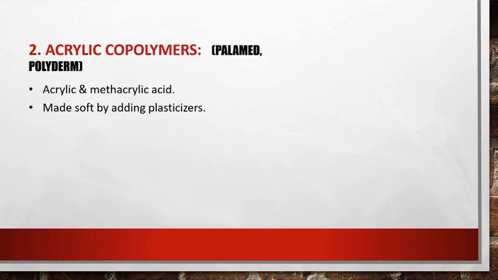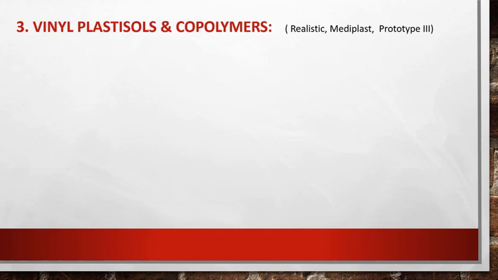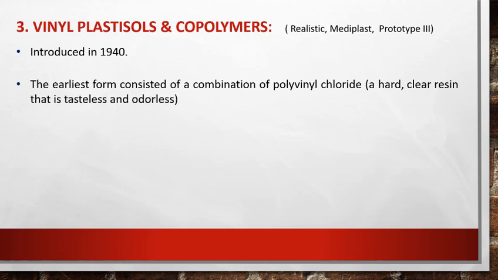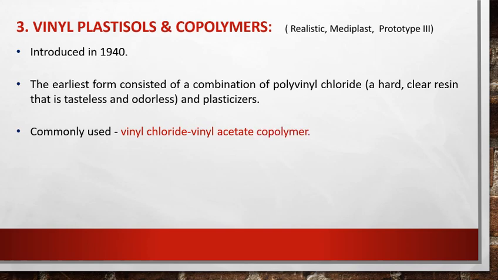2. Acrylic copolymers. It is acrylic and methacrylic acid and made soft by adding plasticizers. 3. Vinyl plastisols and copolymers. Introduced in 1940, the earliest form consisted of a combination of polyvinyl chloride, which is a hard, clear resin that is tasteless and odorless, and plasticizers.